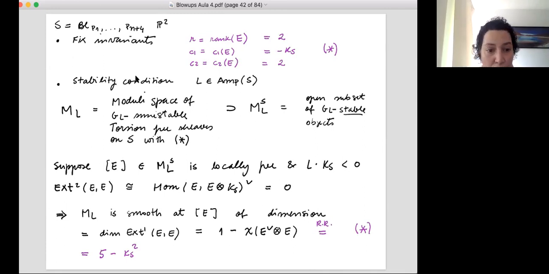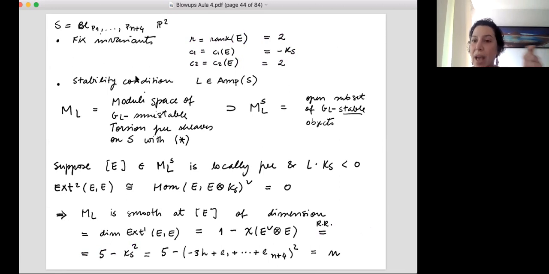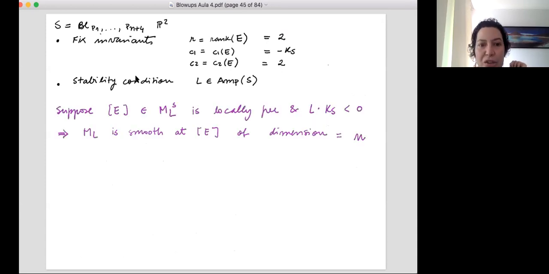Then this is 5 minus K squared. If you compute the canonical class squared, then you get that this is precisely n. So for this magical choice of invariants, when the moduli space is non-empty and you have some stable object there, the dimension is exactly equal to n.